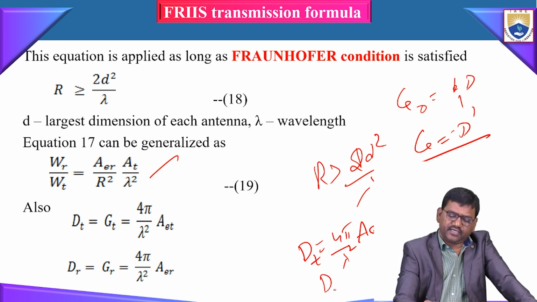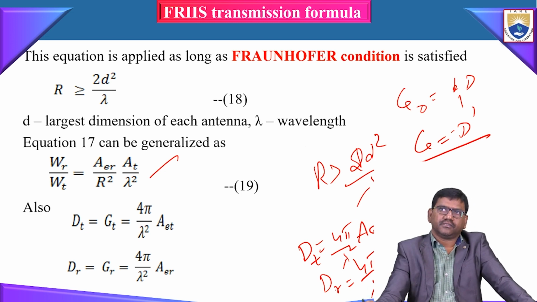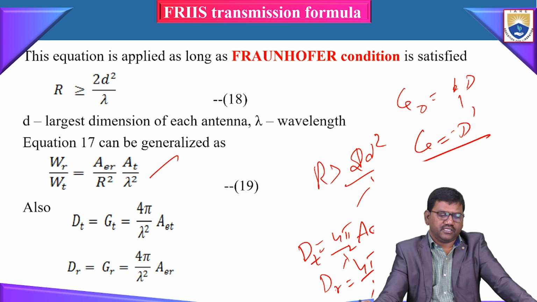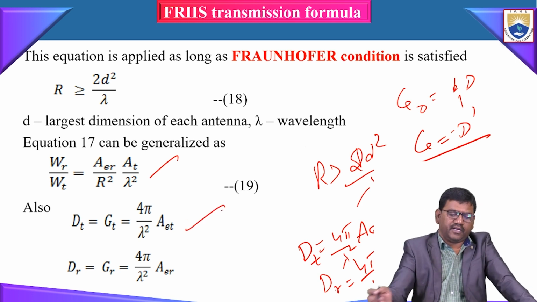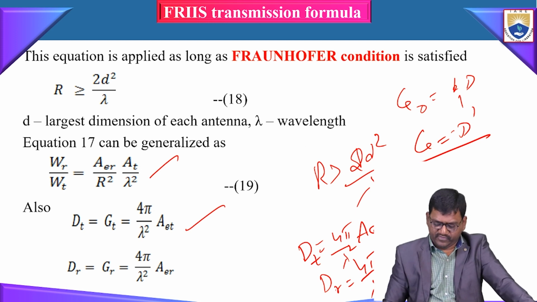Similarly, for the receiving antenna, 4 pi by lambda square AER is equivalent to GR. So GT is equal to DT and GR is equal to DR, that is, 4 pi by lambda square into AET and 4 pi by lambda square into AER. So we can substitute these two equations to simplify further.